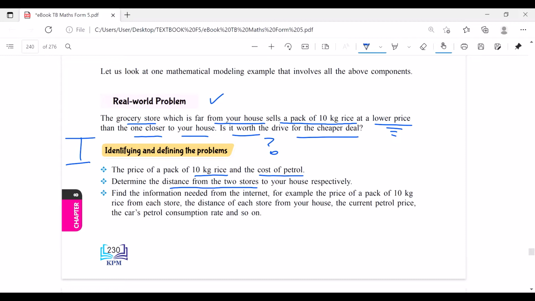If it's really too far, like 20 kilometers from your house, I am sure it's not worth it. You have to find information about the price in store A and store B for the 10 kg rice, the distance, the current petrol price, and the car petrol consumption rate, and so on. All that you have to consider.